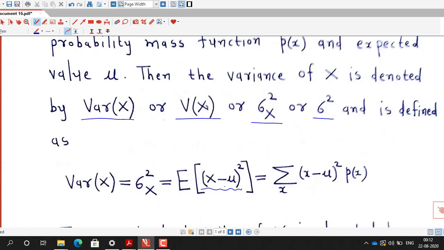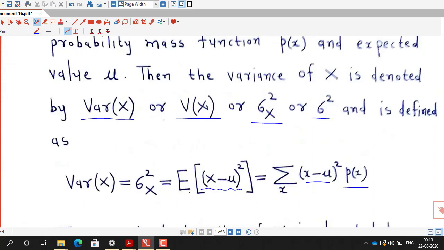So this X minus mu represents the deviations of values of random variable from mean, and we are taking square of these deviations. So this is nothing but sigma of square of X minus mu into value of corresponding probability mass function, and for each value of X we have to consider these deviations and then we have to take their summation.